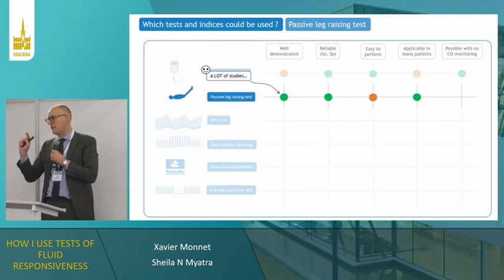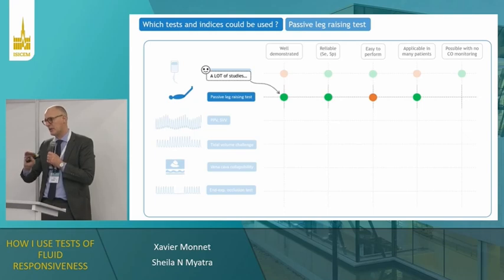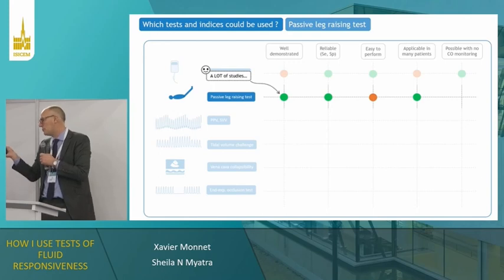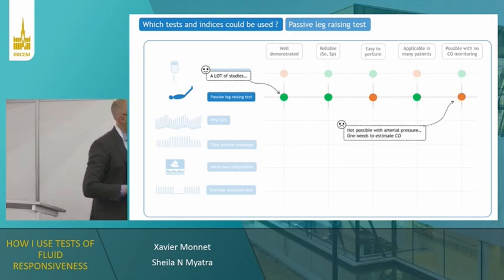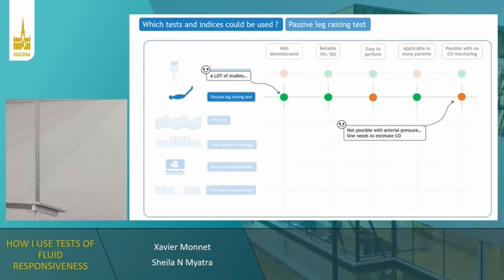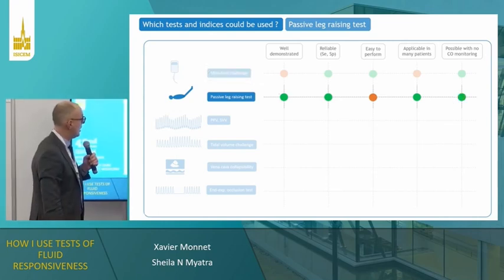And the worst value to look at is mean arterial pressure because it tends to remain constant in any case. So pulse pressure better than MAP, PPV better than pulse pressure. And there are quite a number of studies, no, Sheila? Yeah. Okay. Possible without cardiac output monitoring in some patients.